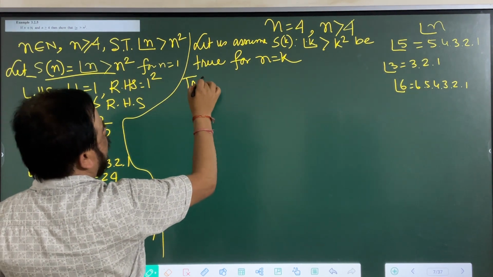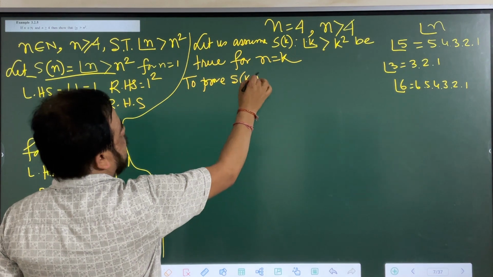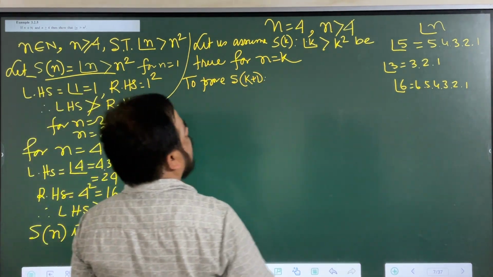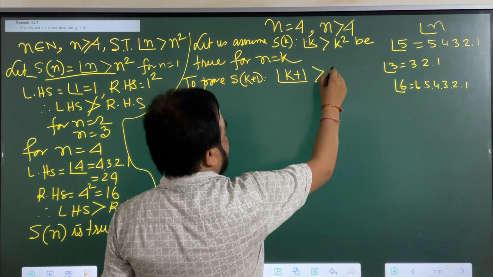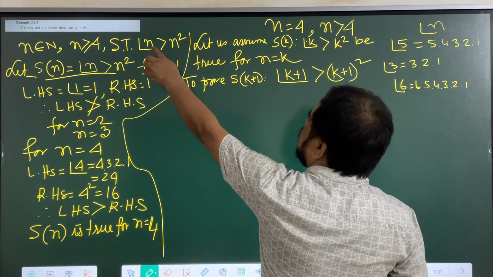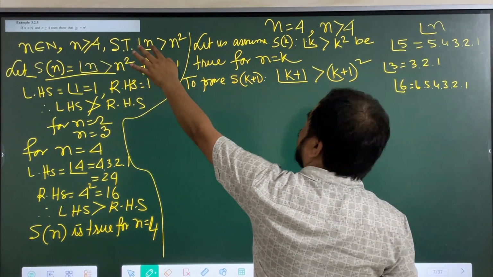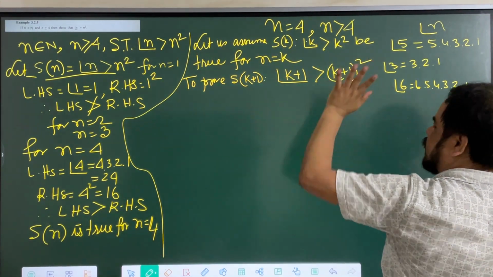Now to prove for k plus 1: factorial k plus 1 is greater than k plus 1 square. I hope you understand. In place of n, k plus 1, and k plus 1 square is in its place.